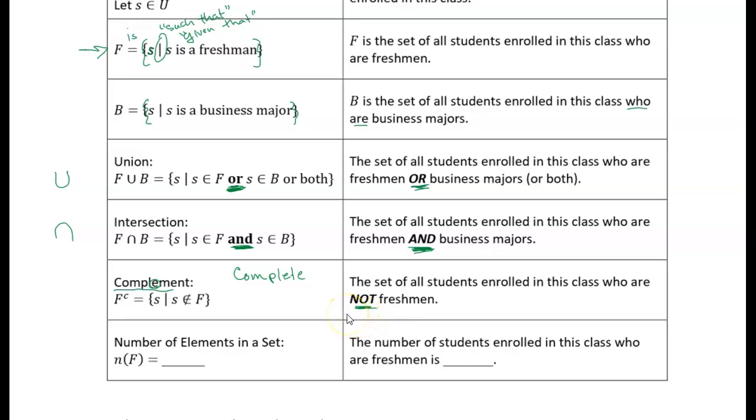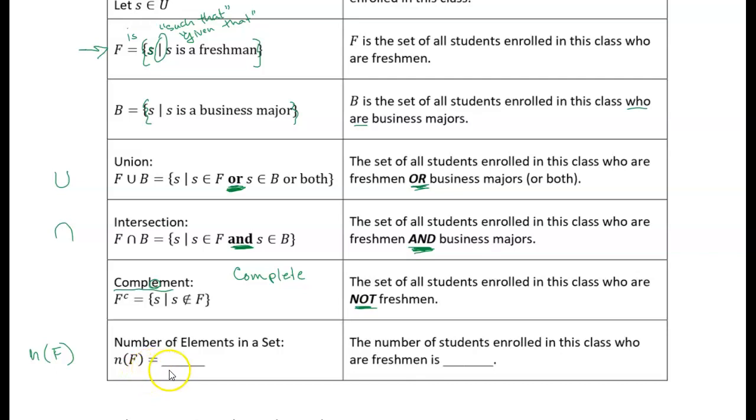Because basically we treated freshmen as being a binary choice. You're either a freshman or you're not. So if you're not a freshman, you're not in the freshman group. So that would be the complement of the freshman group. All right. And finally, we have this kind of operation N on the set. So if we have N of a set, we're just asking what is the number in that set.